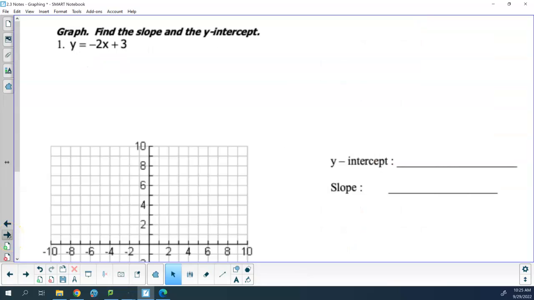Okay. We want to graph this one. Another tweak of the problem would be, we want to graph this equation, but we also want to have a separate spot for you to tell me what the y-intercept and the slope is. Okay? How do you want to go about graphing this one? We have intercept method and t-chart method left over.